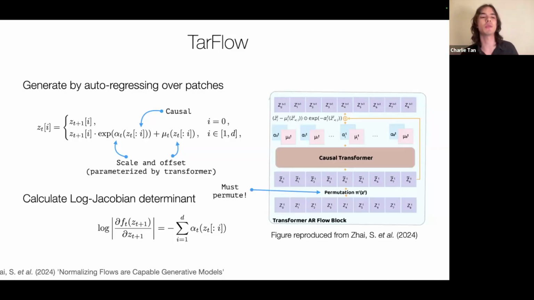In the original TarFlow paper, they simply did an identity and a flip, which corresponds to, I believe, row-wise top left to bottom right and then the inverse, and that was sufficient for images, but it's something we worked on in the new paper. And this enables you to compute more like a general function without this causal restriction.